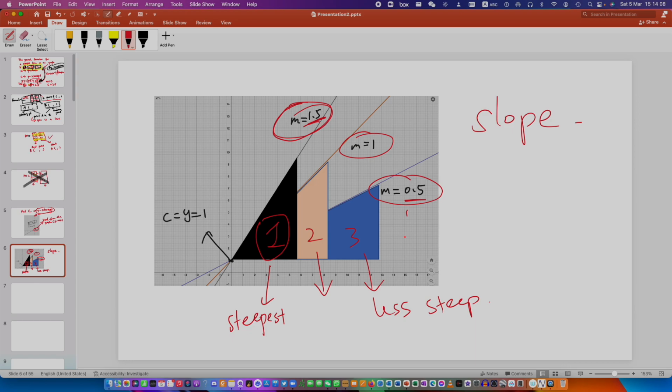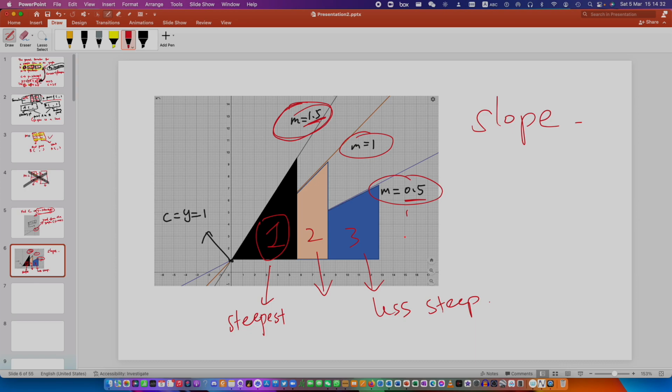So if I use your Chromebook, this has a bigger gradient than this. So if you want a very, very steep slope, a very, very big gradient, like this one.